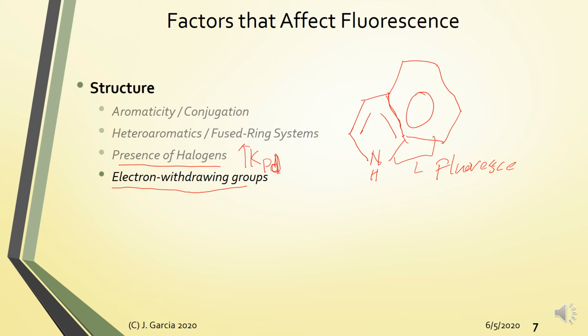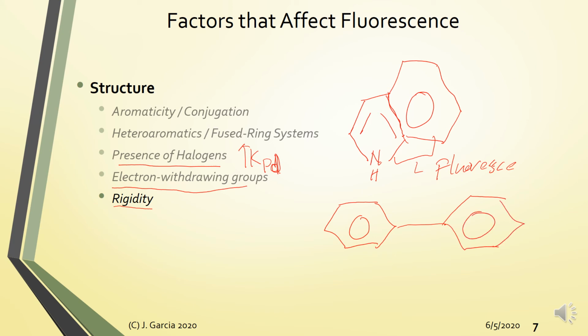Okay, and then of course there is rigidity. One way to visualize this is in comparing these two molecules. First you have your biphenyl. Biphenyl is two benzene rings attached to each other's carbon. Biphenyl does not undergo fluorescence, even though it's highly aromatic, with no electron withdrawing groups and no halogens present.